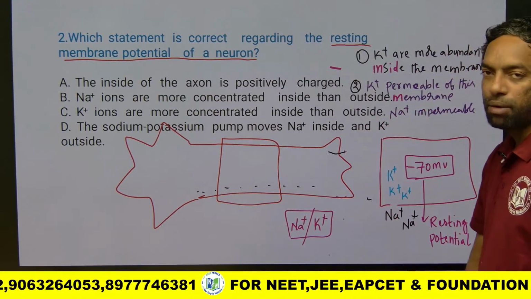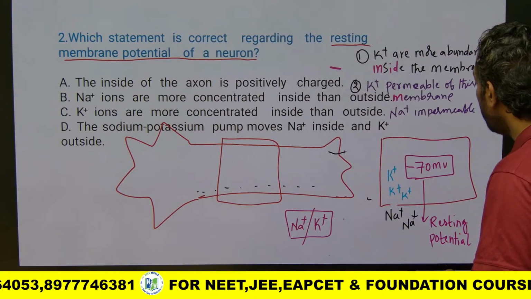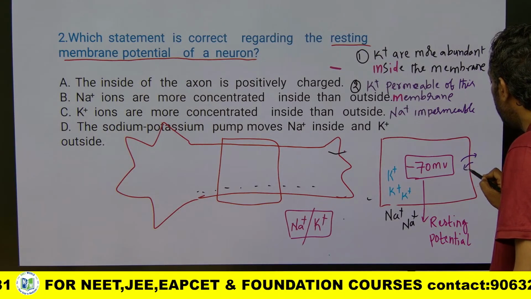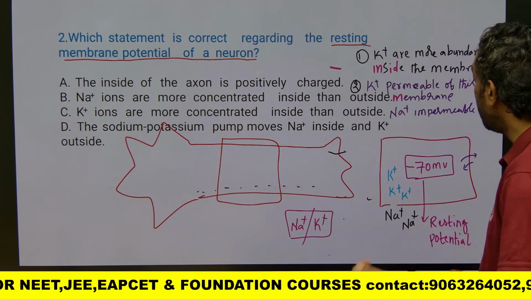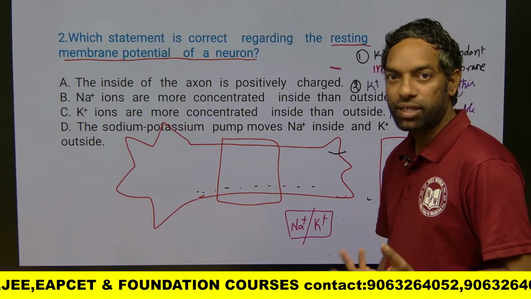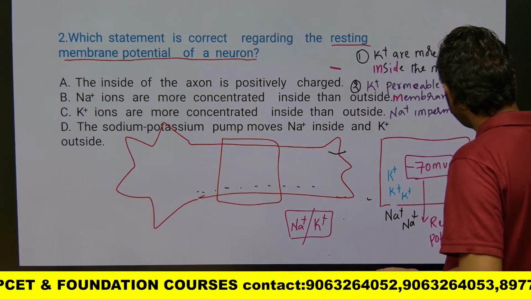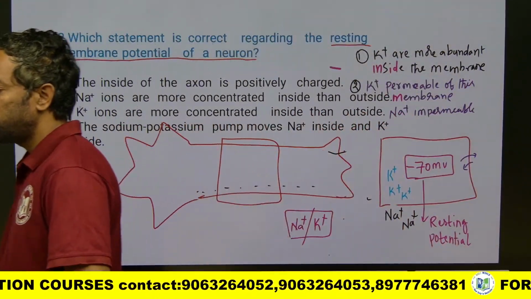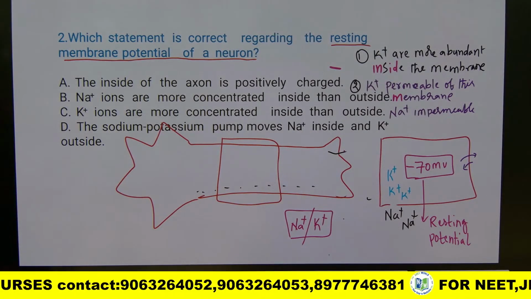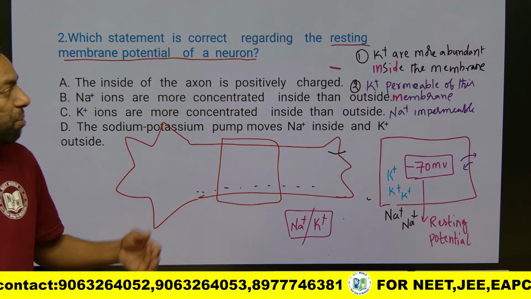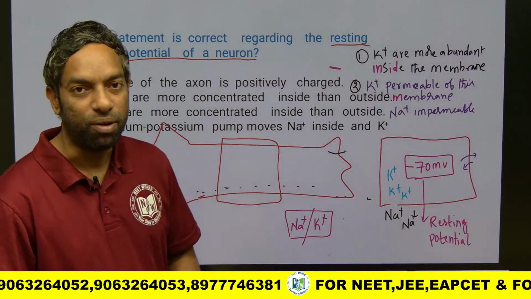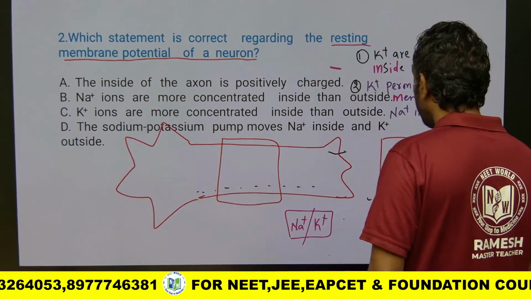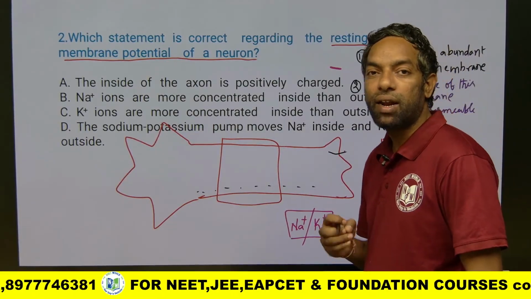So potassium is always trying to go out and sodium is trying to go in, if a channel opens. Otherwise potassium stays inside as the most abundant ion and sodium stays outside. These conditions create minus 70 mV, until and unless a channel opens.